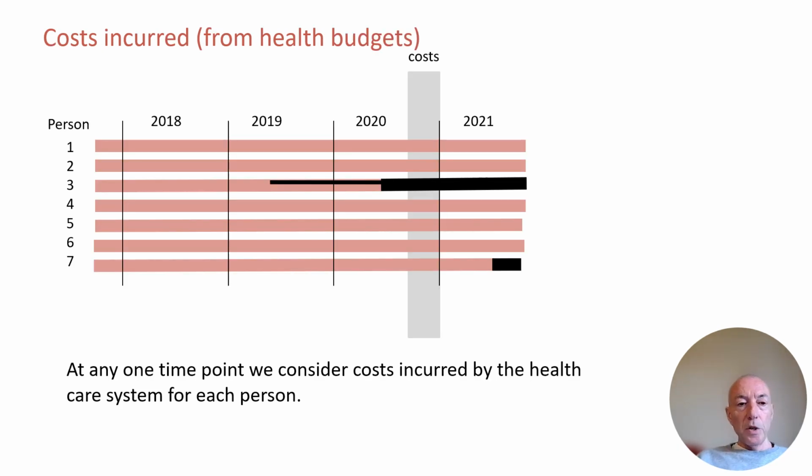And also on our simulated individuals, we not only want to calculate the DALYs or the QALYs for each year, but we want to know for each individual the cost incurred from health budgets. So at any one point in time, we consider the costs incurred by the healthcare system for each person, trying to make sure we take into account the entire costs that are in fact incurred.